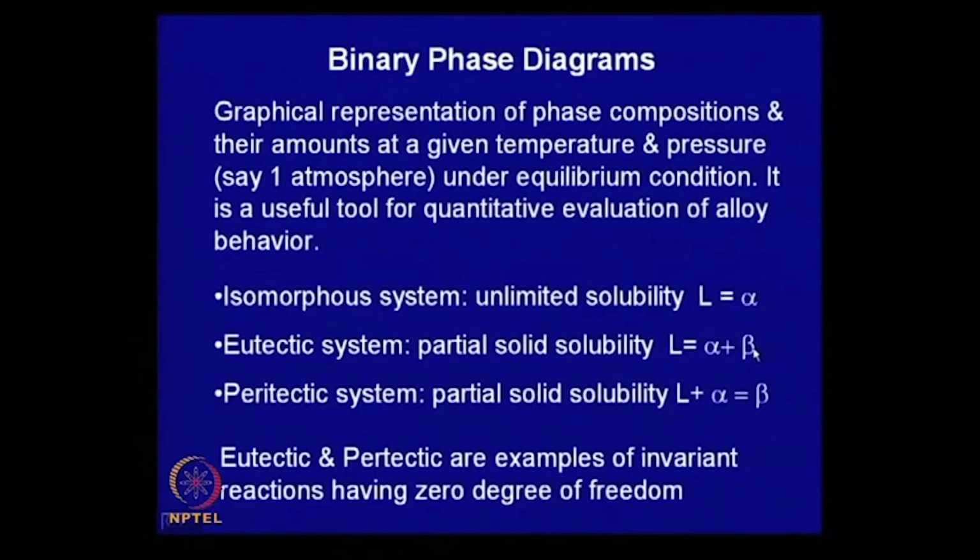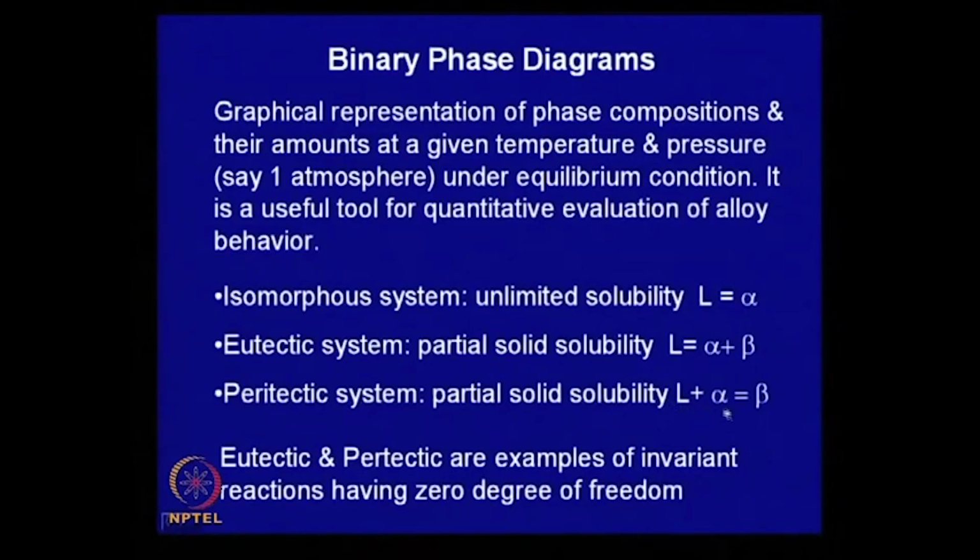In a phase diagram, we always represent liquid using the Roman letter L, and Greek letters are used to represent phases. We also looked at a peritectic system, which is also a case of partial solid solubility: limited solubility in the solid state, but unlimited solubility in the liquid state.